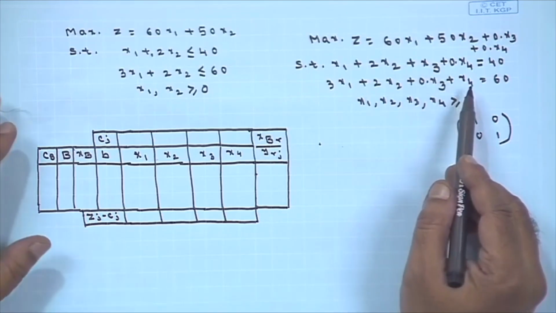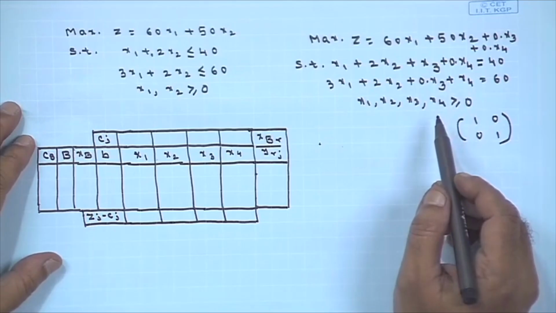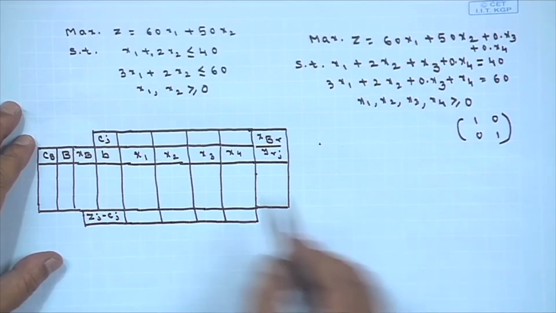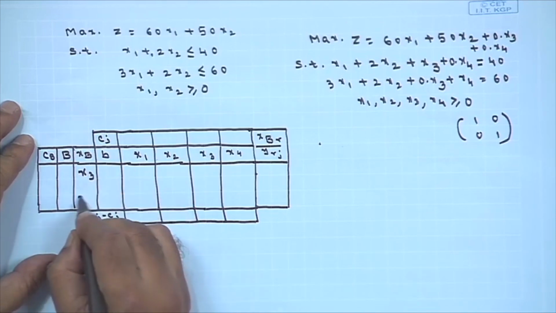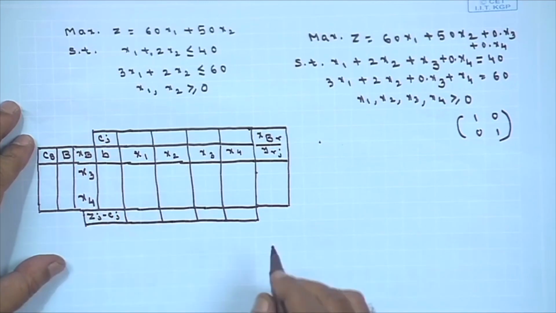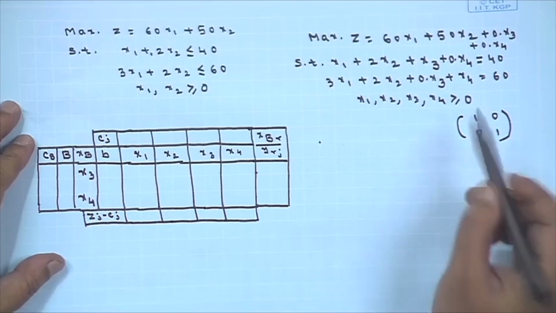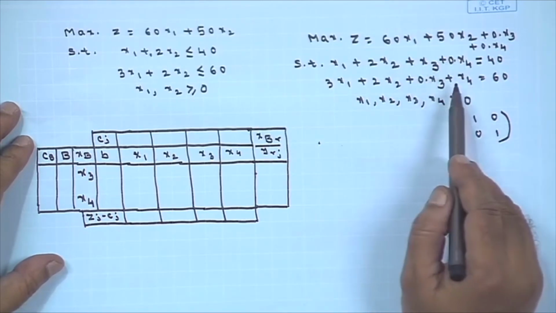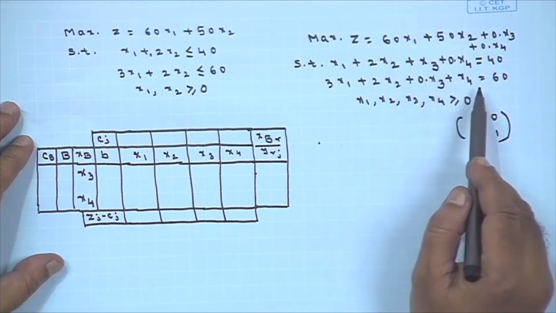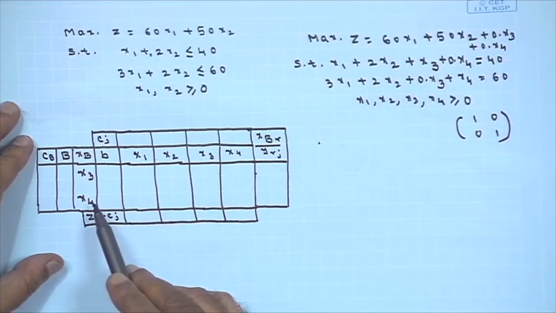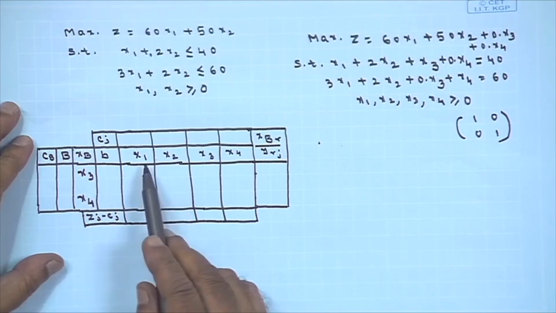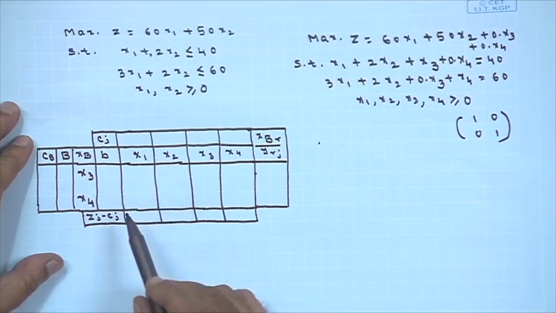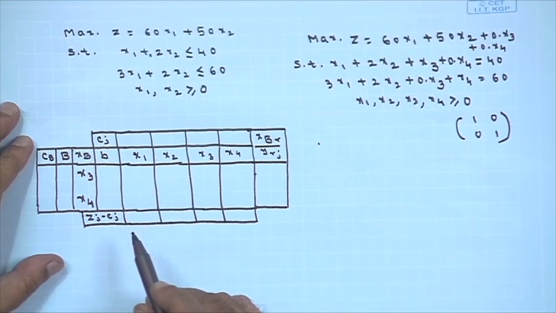Therefore, in your basis the variables will be x3 and x4. So, wherever you obtain the unit matrix, the corresponding variables go into the basis, those will be basic variables, and the other two variables, x1 and x2, will be the non-basic variables.